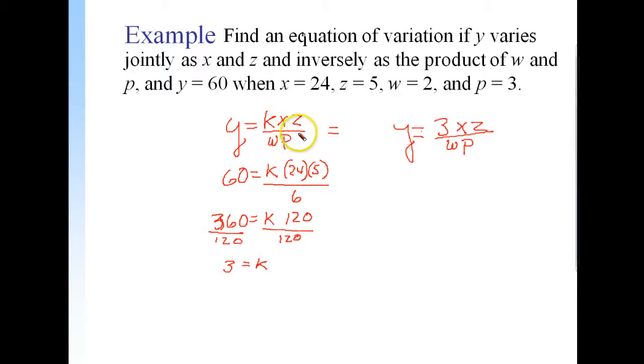And how did we do it? Well, we saw that it was a joint variation of direct and inverse. We sort of knew our formula. We put the information into our formula. We solved for k. We found out that k was 3, and then we wrote our equation of variation.